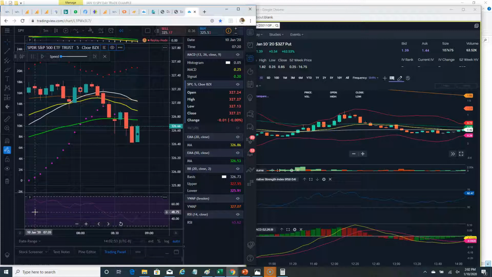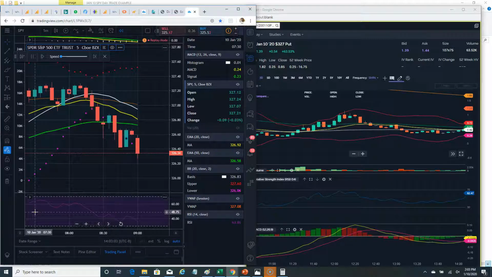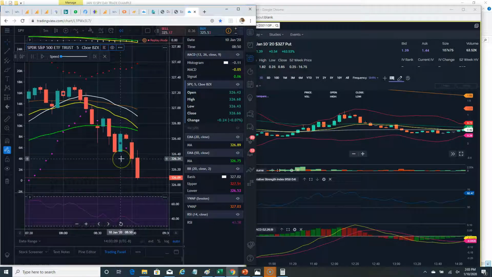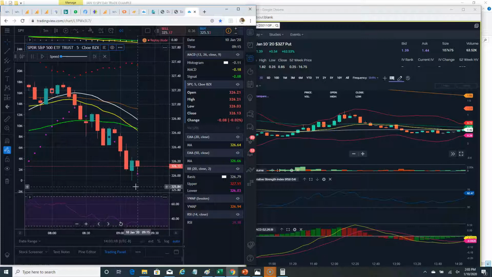Okay, a bounce back. So the print was at 326.60, exactly somewhere here. Within 10 minutes, it came to 326 and hit a low here of 325.93.